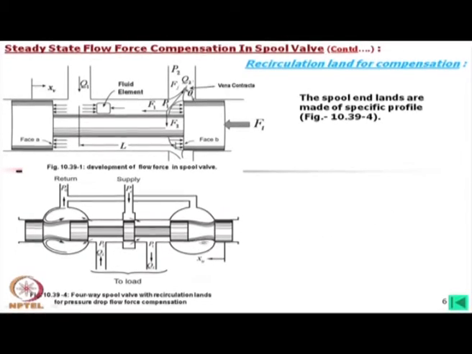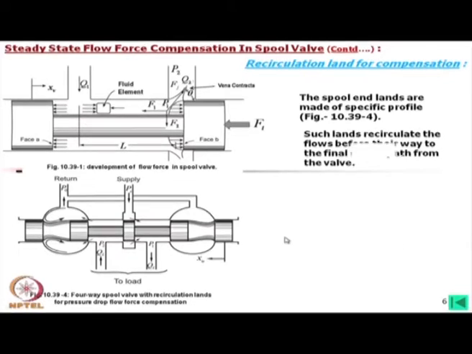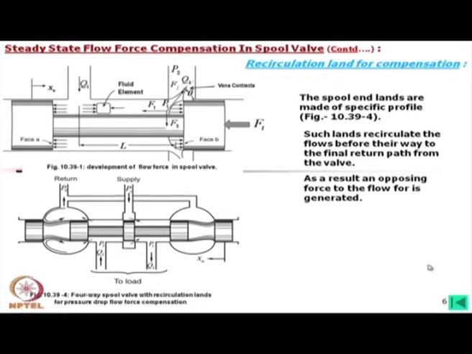But if we look into this, it is obviously a special design, not as simple as this. Such lands recirculate the flows before their way to the final return path from the valve that I have discussed. As a result, an opposing force to the flow is generated.